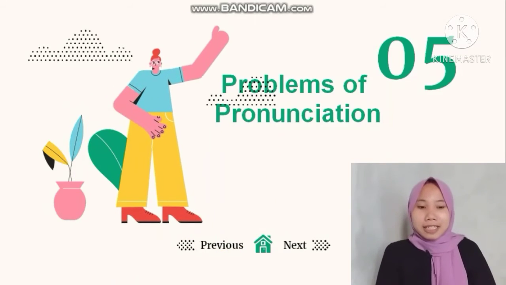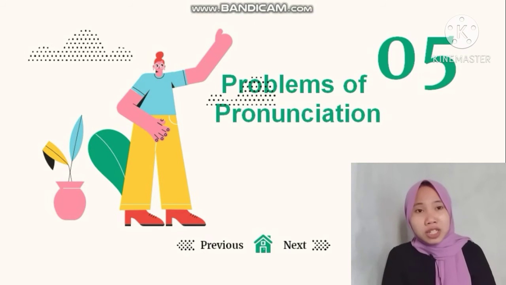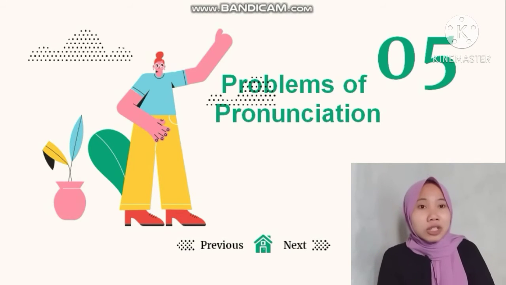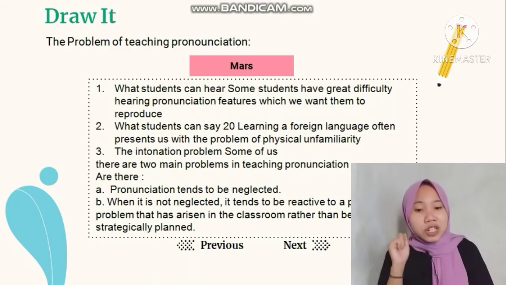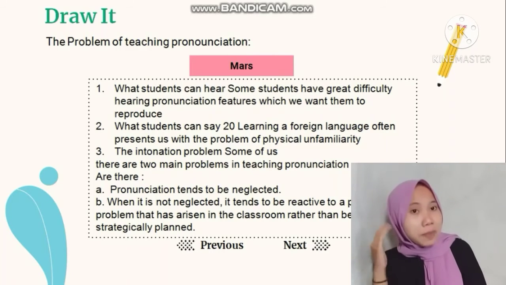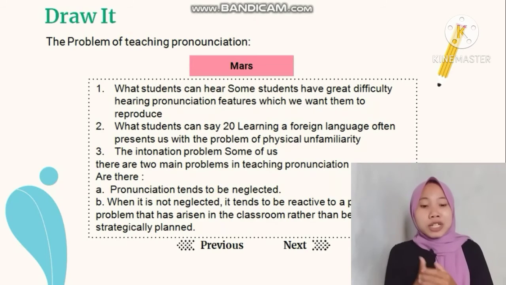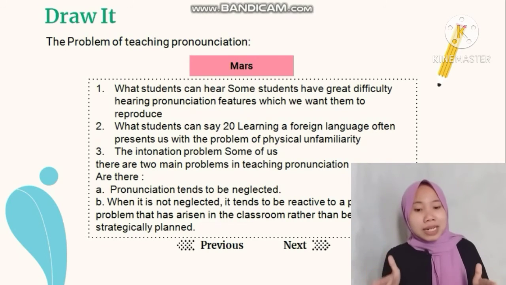Okay, and the next is the 5th chapter, problems of pronunciation. In teaching pronunciation, there are some problems if you want to teach or study this material. There are 3 problems. Number 1 is what students can hear. Some students have great difficulty hearing the pronunciation which we want them to reproduce. Number 2 is what students can say.